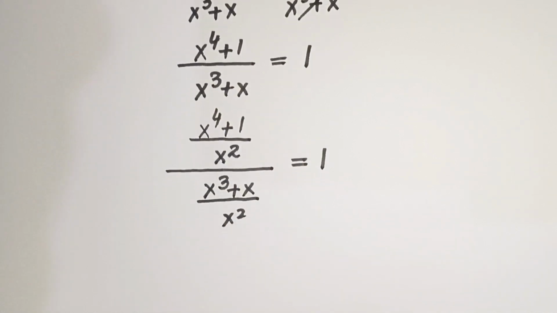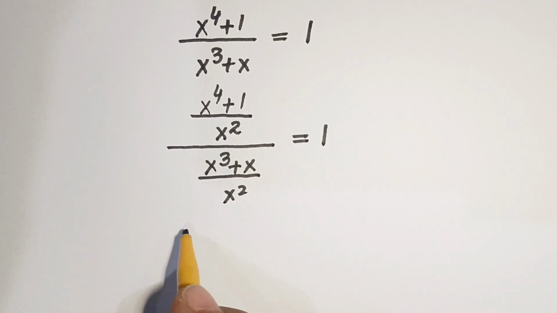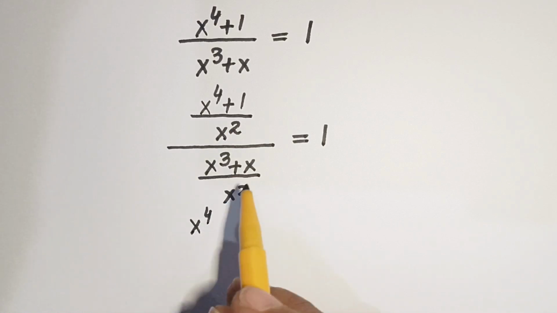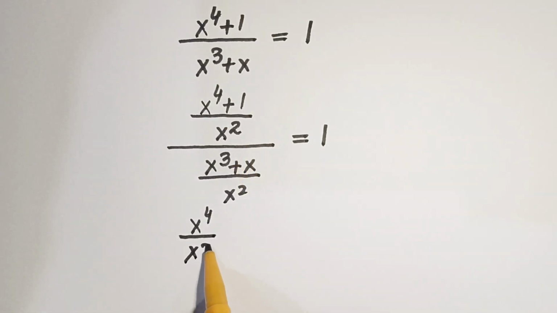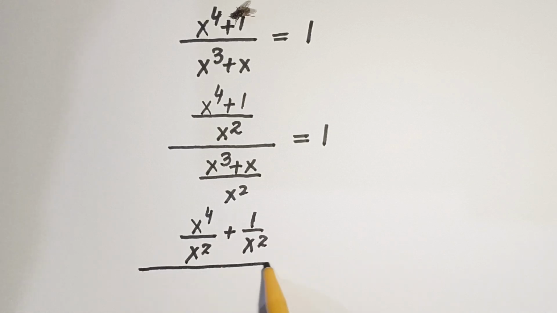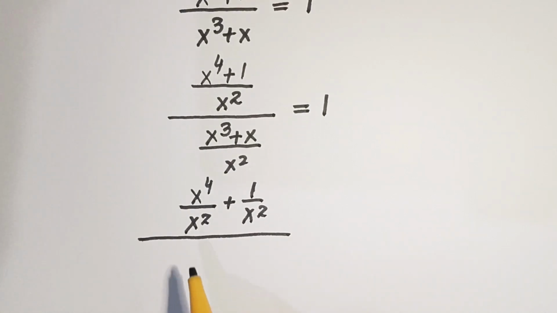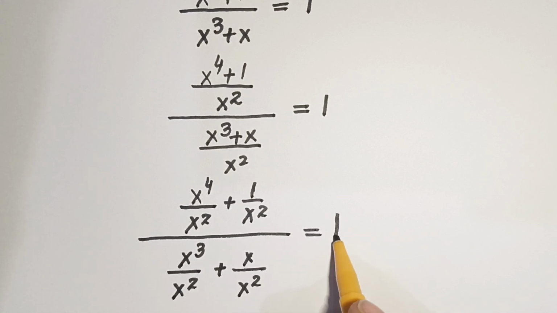So here our next step is, x to the power 4 plus 1 over x squared can be written as x to the power 4 over x squared plus 1 over x squared, writing this denominator separately with each term, all over, just doing the same step, x cubed over x squared plus x over x squared, which is equal to 1.